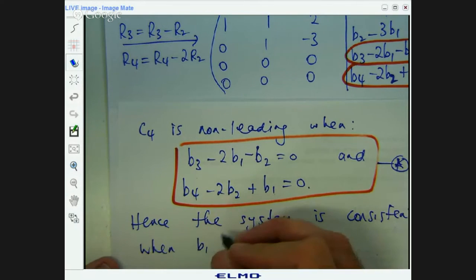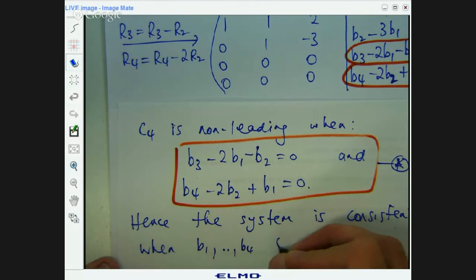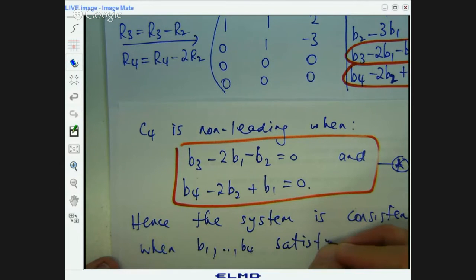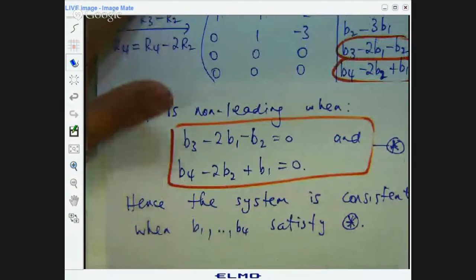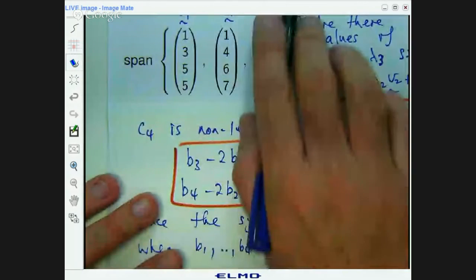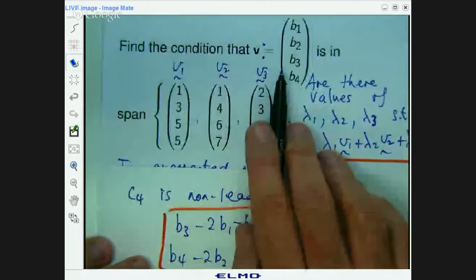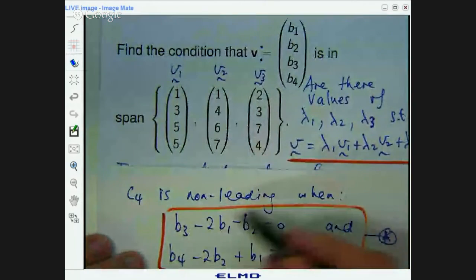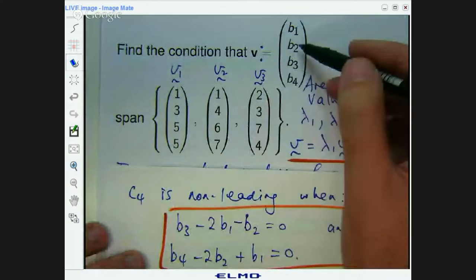When B1, B2, B3, B4 satisfy star. Okay, what does that mean? Well, it means that the condition on these values here, the B1, the B2, the B3, B4, is these. For this to be in the span.